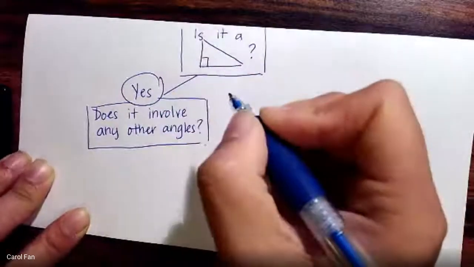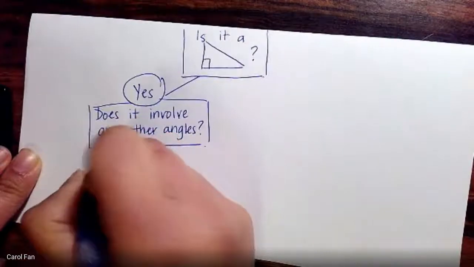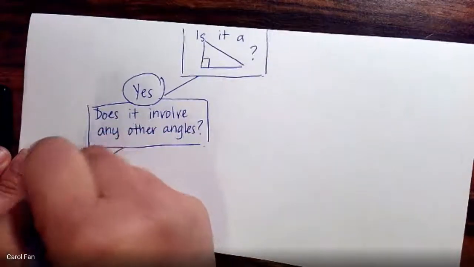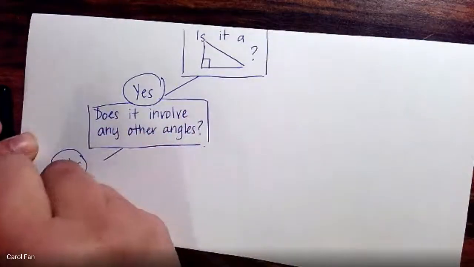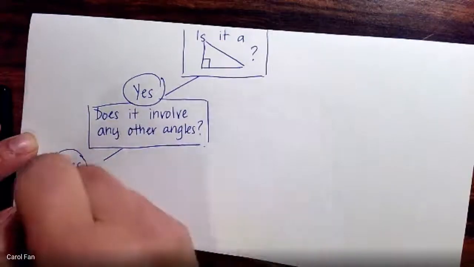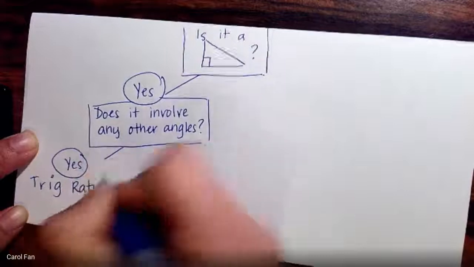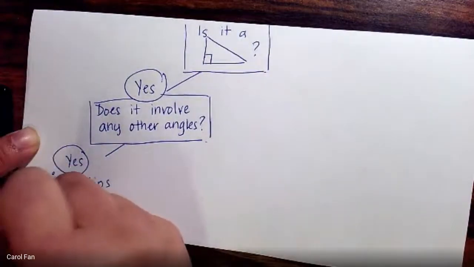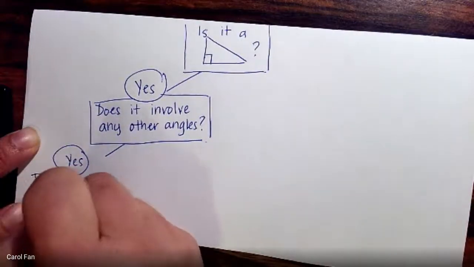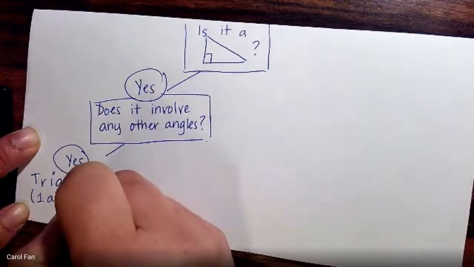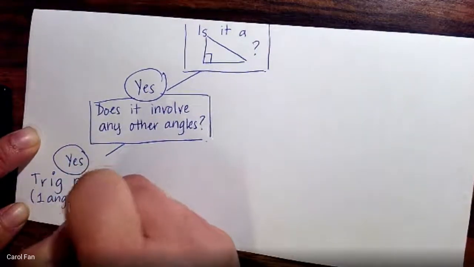Now, if it does involve another angle, then we know that we have to use our trig ratios because trig ratios always involve one angle in addition to the 90 degrees and two sides.